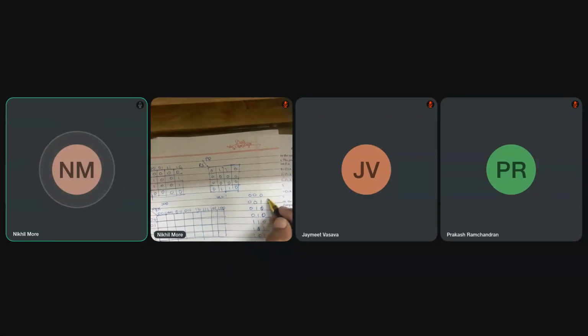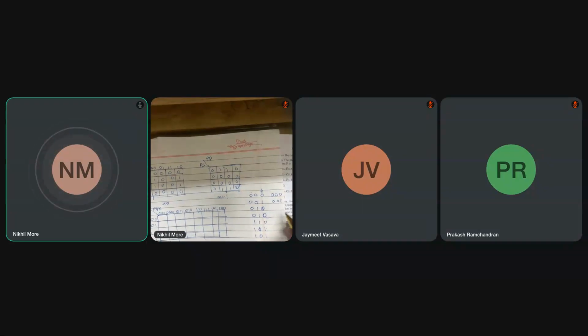The basic funda behind this is you try to flip the least digit, the rightmost digit. So I'll do it again: 000. If I flip the rightmost digit, I will get 001. This is okay till here.